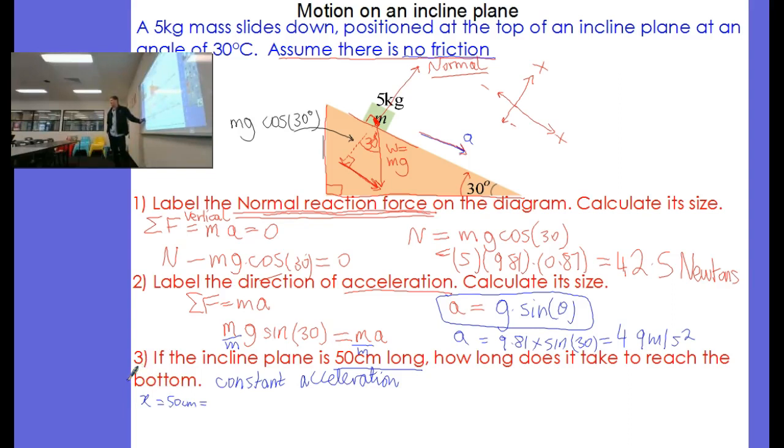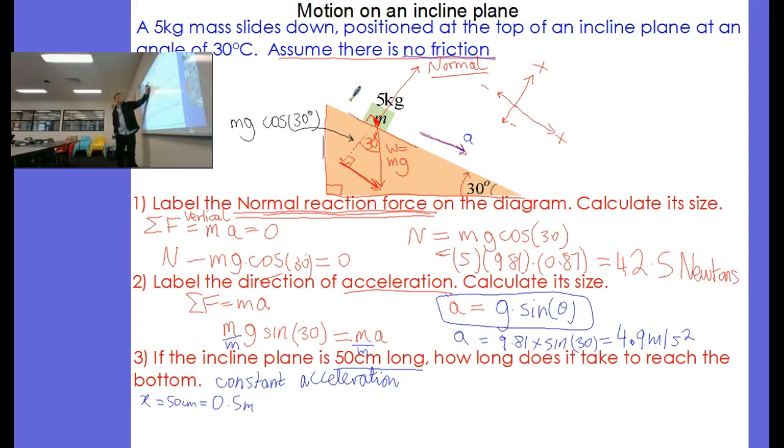What should I convert that to? Meters. 0.5 meters. Okay, we've got an acceleration of 4.9. We've got a displacement.